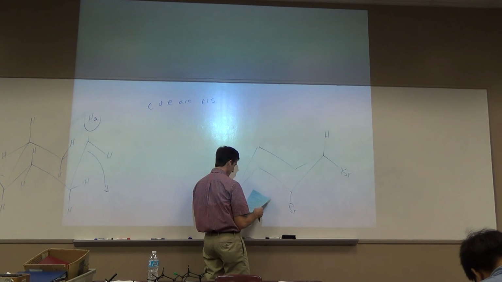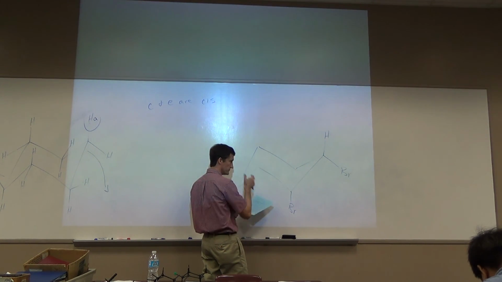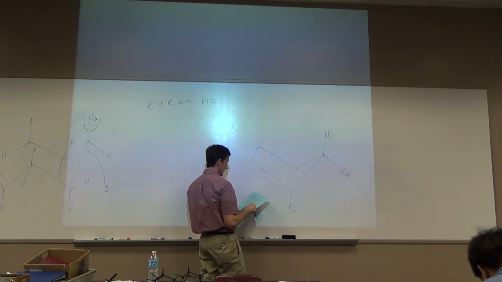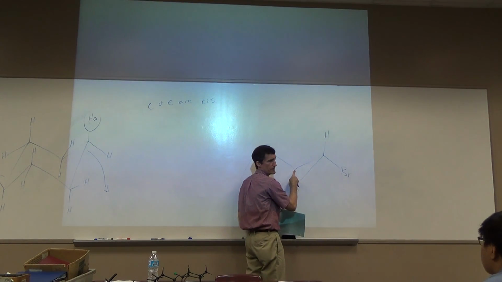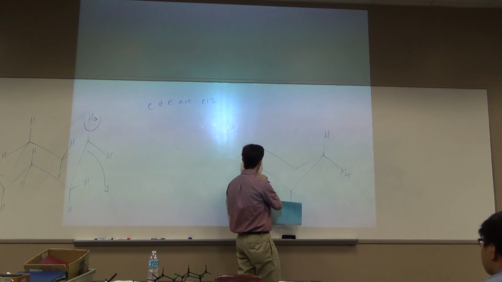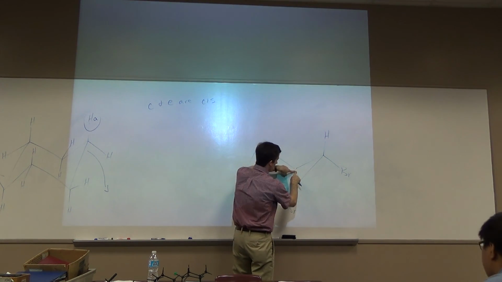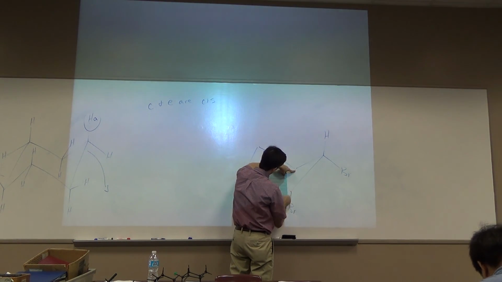Now, where does the fluorine go? Okay. I'm actually going to put the fluorine here because I think it's going to get the right amount. You can put it here and you'll be fine. I'm going to put it here though. That means we're going to have bromine, bromine, fluorine.